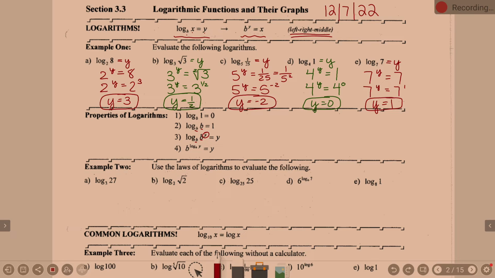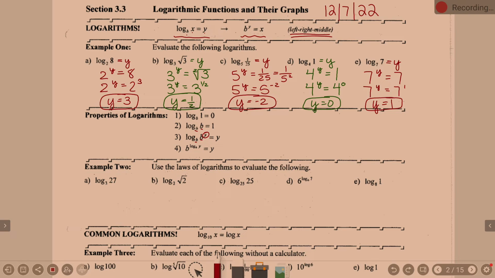This could be rewritten as 3 to the 1/2, answer of 1/2, and this as 5 to the -2. So property 3 really is what we did on examples A, B, and C.